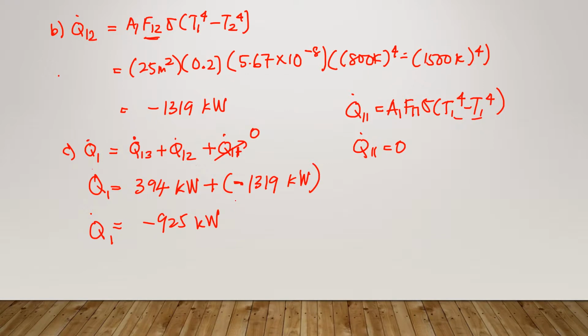The negative sign indicates that the net radiation heat transfer is to surface 1. Please remember that when you are calculating the Q dot, make sure you already change the temperature to Kelvin. You cannot substitute in degrees Celsius. In radiation, this T must be in Kelvin.